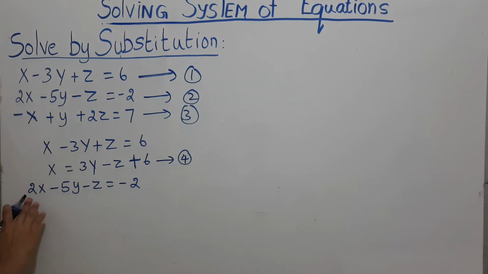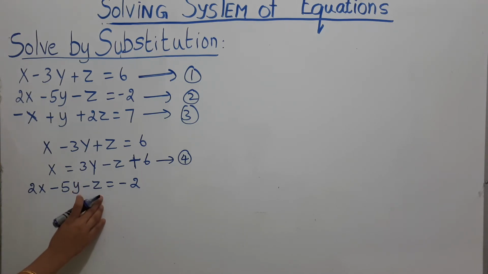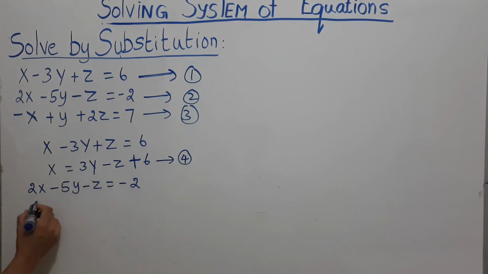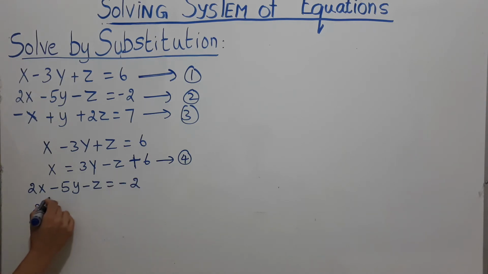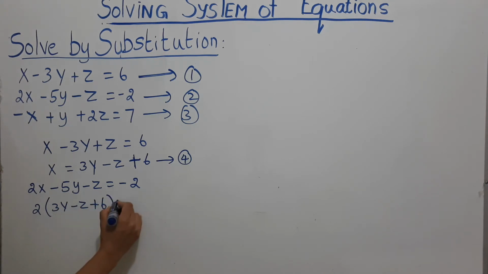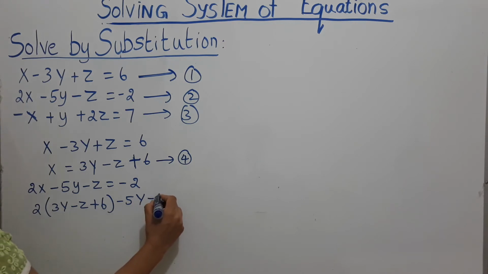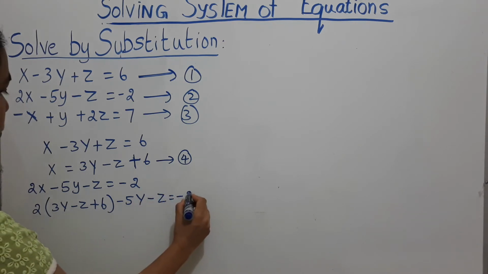So then there will be no x term, only you have y term and z term. Okay, so now we are going to solve in the place of x 3y minus z plus 6. So 2 times 3y minus z plus 6 minus 5y minus z equals minus 2.